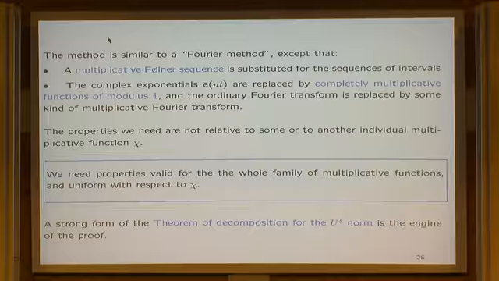Then we use the decomposition theorem, a stronger one, not exactly this one. And it's the engine of the proof. We plug this decomposition theorem into this Fourier analysis, and there is a lot of epsilon-delta machinery, and we win.